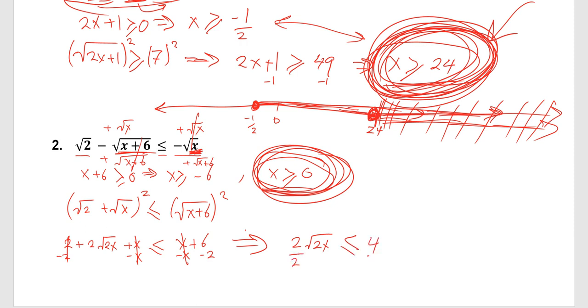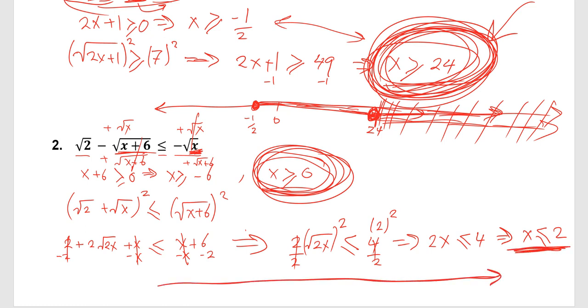Divide by 2, divide by 2. This goes away, this becomes 2. Now square both sides, so square the 2 and square this, right? So we have 2x is less than or equal to 4. So we have x is less than or equal to 2.